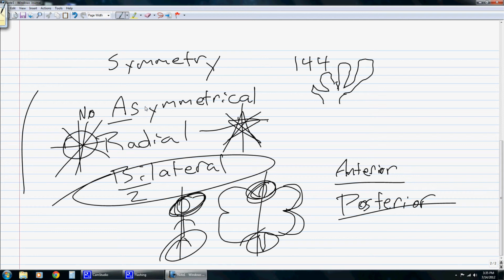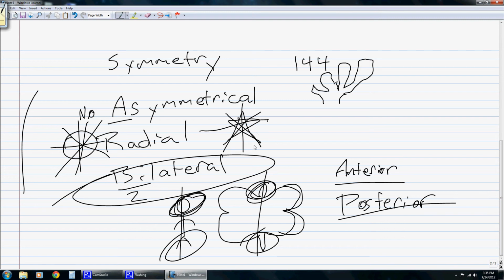And so if I gave you a question and I said, I have a sea star, I have a sponge, and I have a grasshopper, which one is the most complex animal when it comes to, I don't know, organ systems, thought process, stuff like that, you could immediately say, well, it would be the grasshopper because it's bilateral, and I know that they are more complex animals.